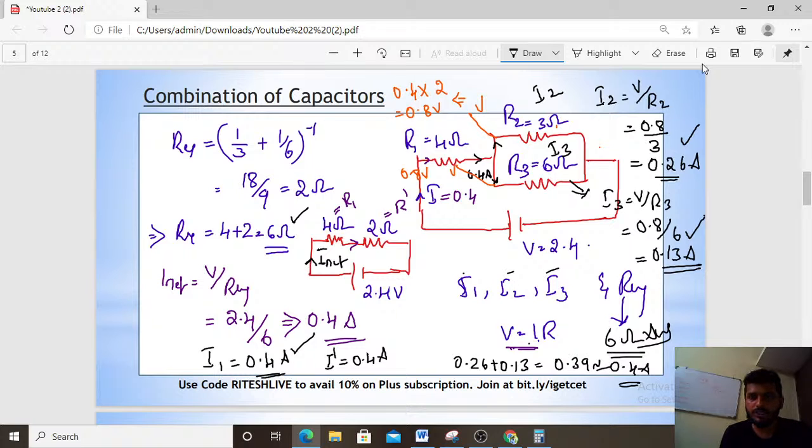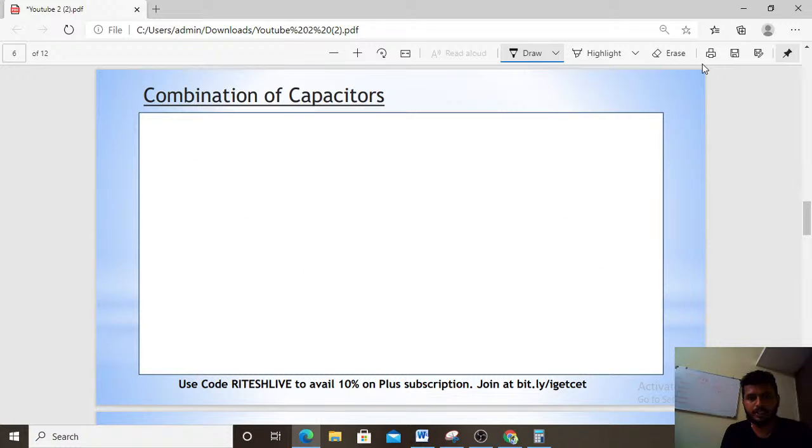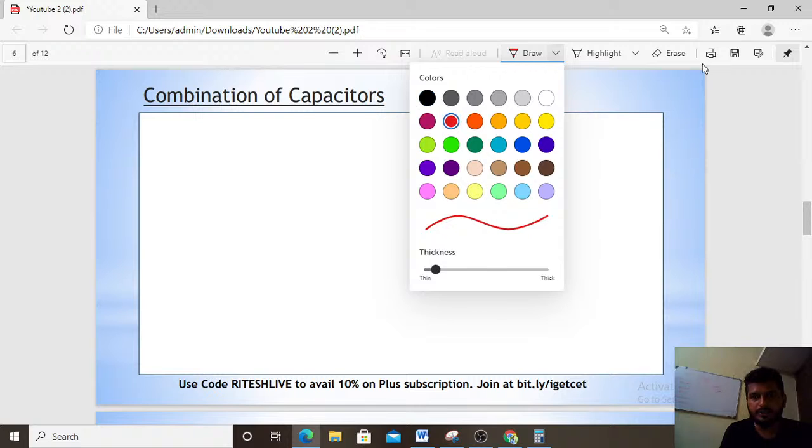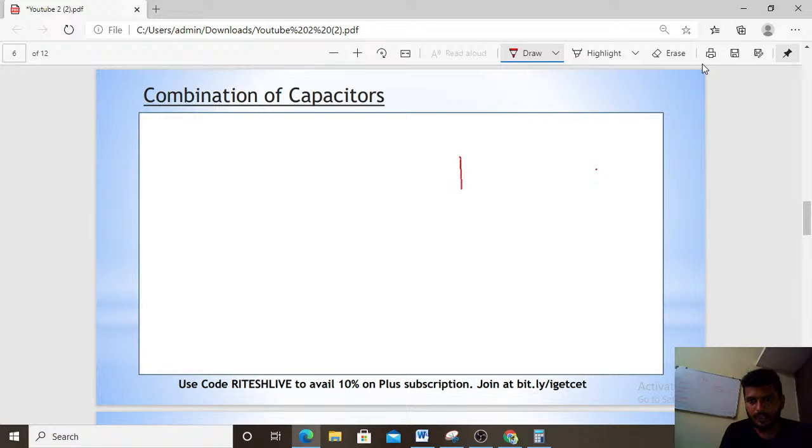So the same question I will take, but in place of resistors I will place capacitors now. Then we will find charges and voltages, whatever. Okay, same question, try to find the answer. Don't make any confusions in the examination.